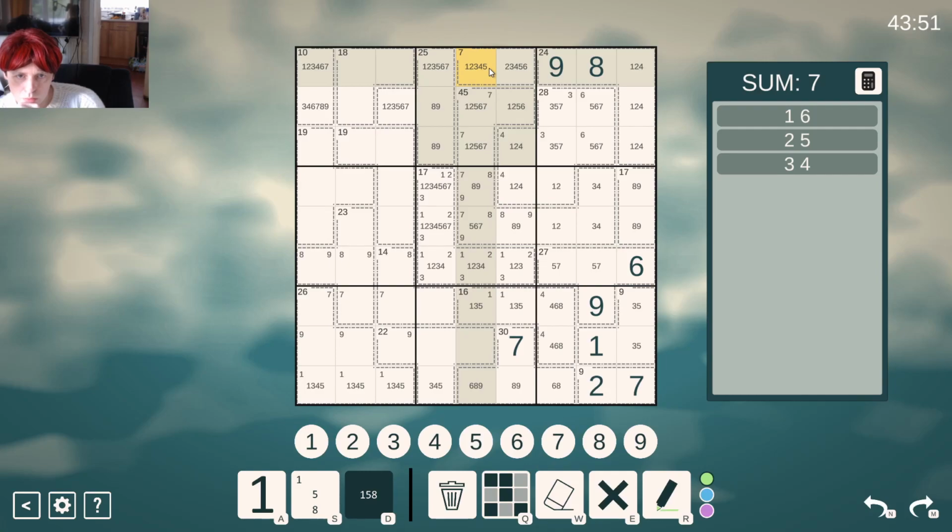I think 1, 6 would be okay. 1, 6 would leave 2, 5, and 7 in here. 2, 5 would leave 1, 2, 6, and 7 for there.